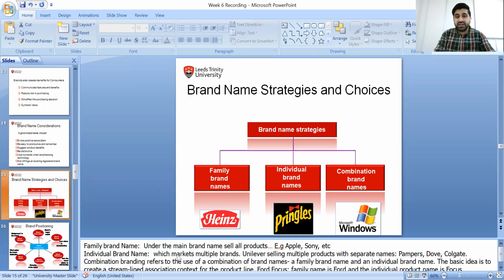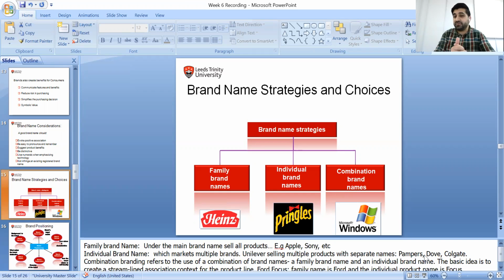Number three is combination brand name. It basically refers to the use of a combination of brand names, a family brand name and an individual brand name. The basic idea is to create a streamlined association context for the product line. The major example of combination brand name is Ford Focus.